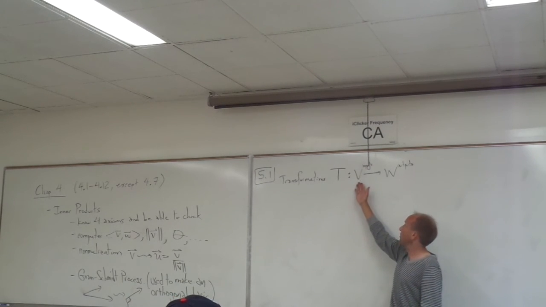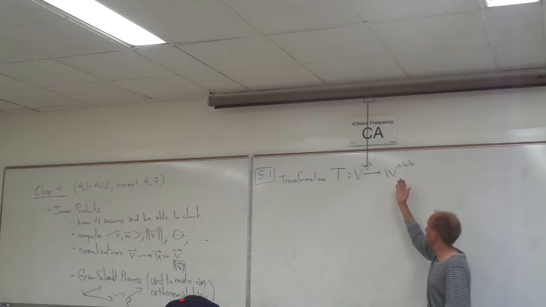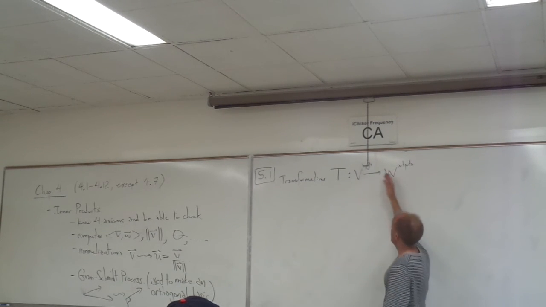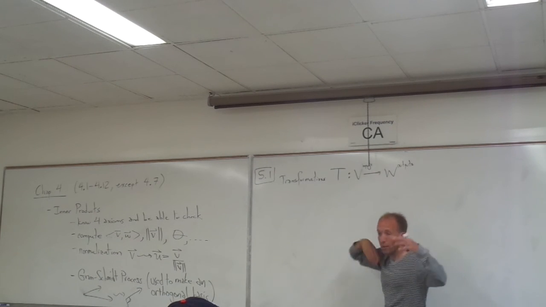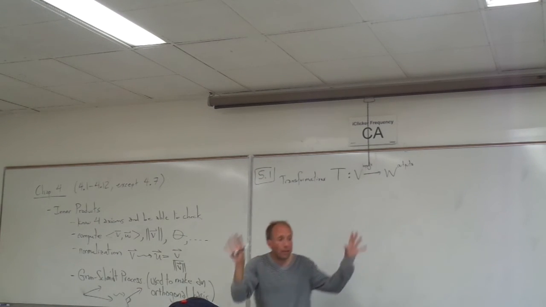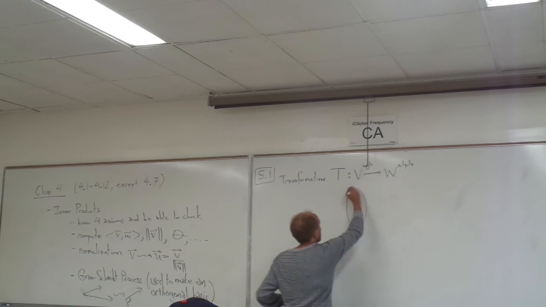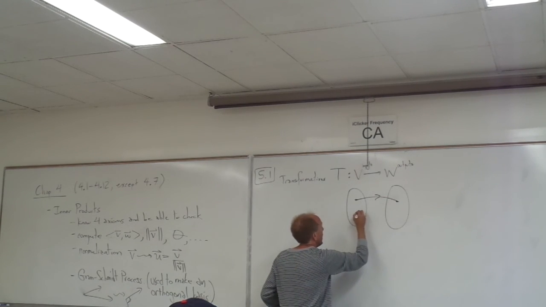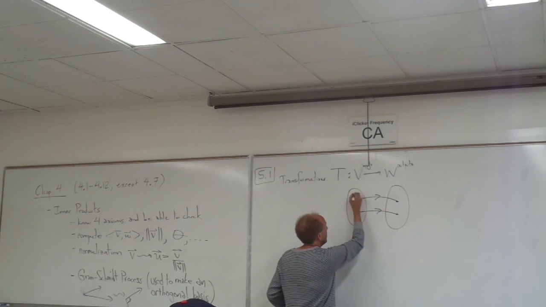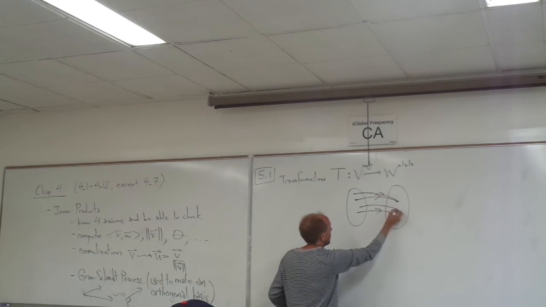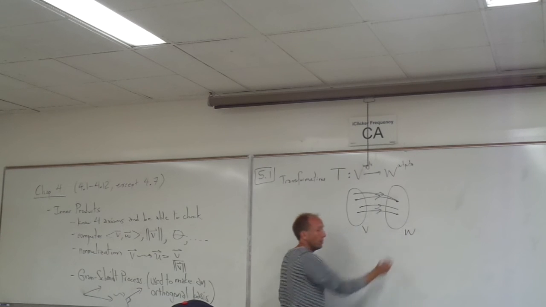The inputs could be polynomials, and the outputs could be matrices. Or V and W could be the same vector space. That's also allowed. It's just like a function: you're taking things from one side and mapping them to the other side, looking at how things move across from V to W.